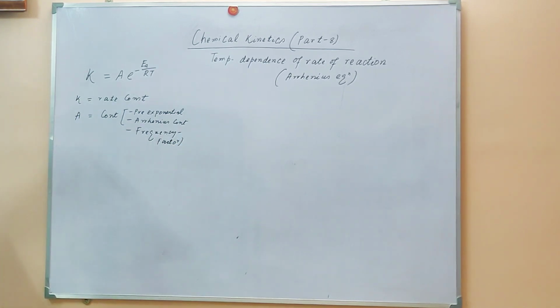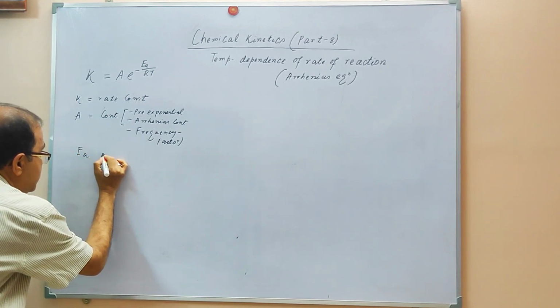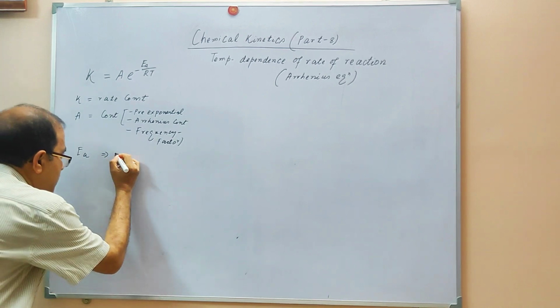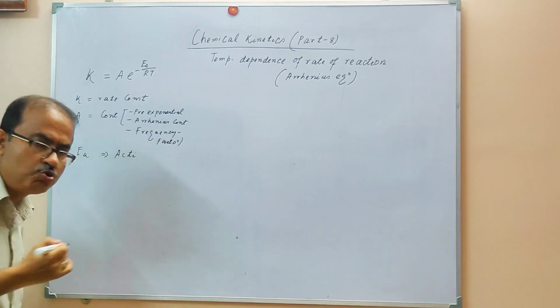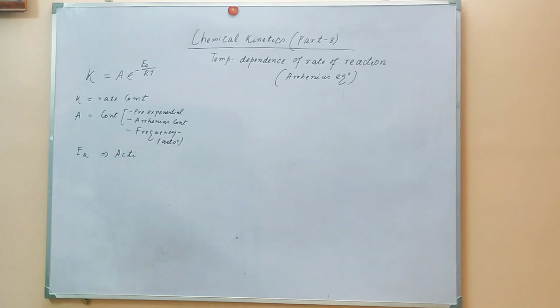A is basically a constant and K is the rate constant. And the most important parameter we are going to understand is EA. EA is basically the activation energy. Activation energy is the energy that is required for starting the reaction.